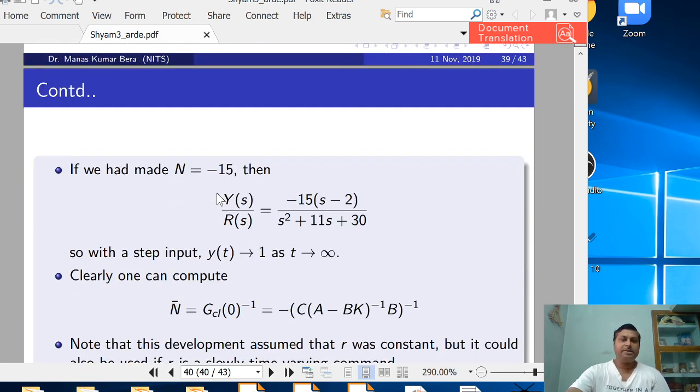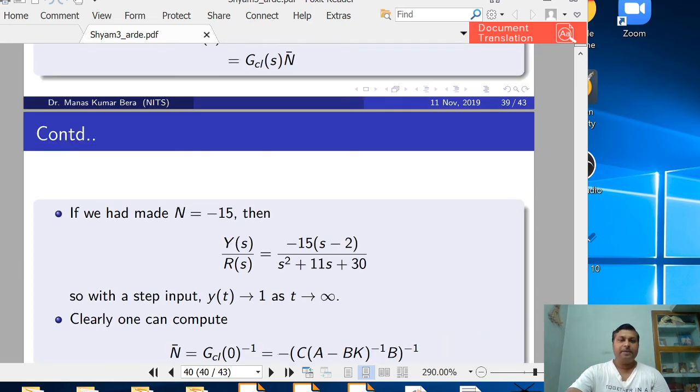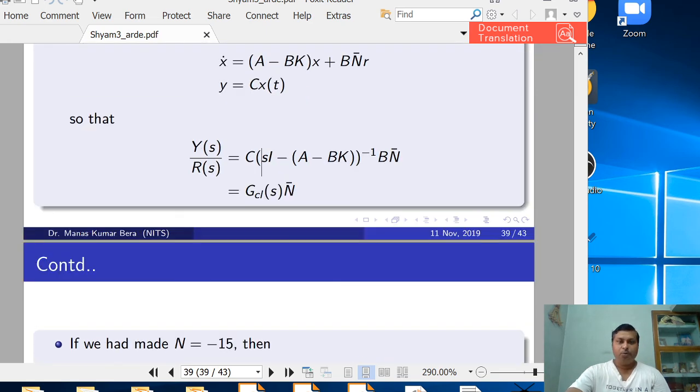So you will get N bar equal to minus C into (A minus BK) inverse B, whole inverse. The negative sign comes from here, because we calculate this at s equal to 0 and this ratio is equal to 1. So you can calculate N bar from that relation.